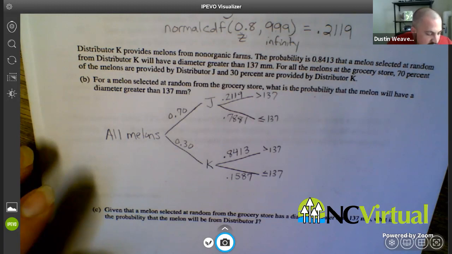Okay? So you take those four, and now what we're going to look at, let's read the problem. For a melon selected at random from the grocery store, what's the probability it will have a diameter greater than 137? Well, let's look.